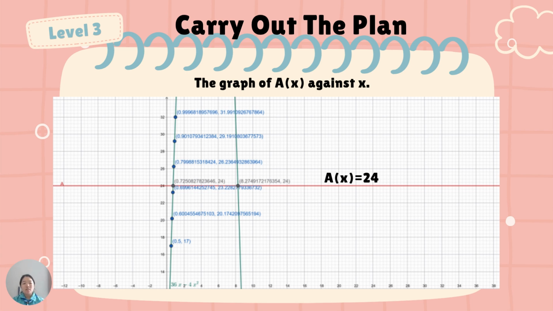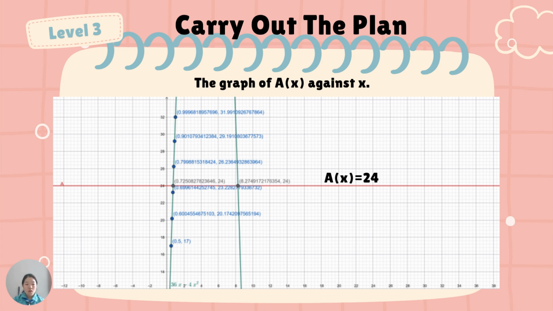Next, we plot the graph based on the results that we have found. So this is part of the graph. The graph is an n-shaped parabola since the value of a is negative, and the horizontal red line is A(x) equals 24.